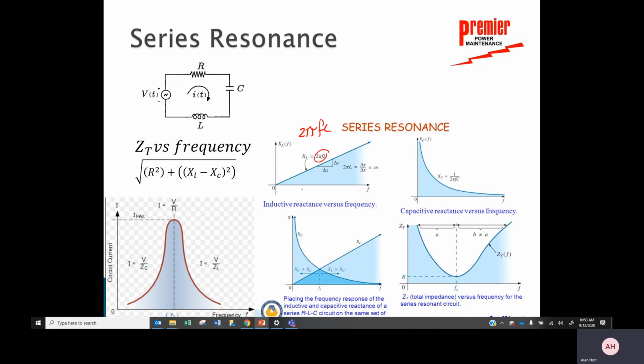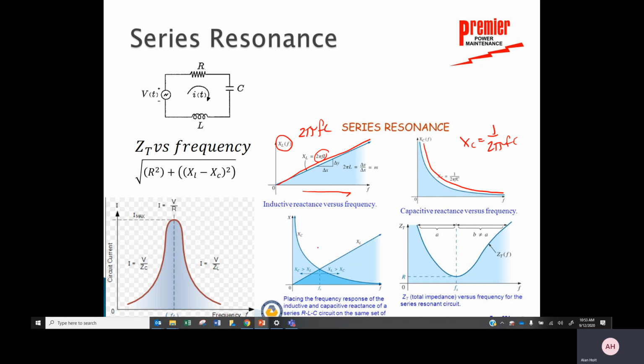I can see that as frequency increases, this inductive reactance increases, and it's a linear relationship, okay? Now, I also know that X sub C equals 1 over 2 pi FC. So as the frequency increases, the capacitive reactance goes down. But it goes down in this manner. It's not just linear, it's an exponential function. So there we go. It goes like that.